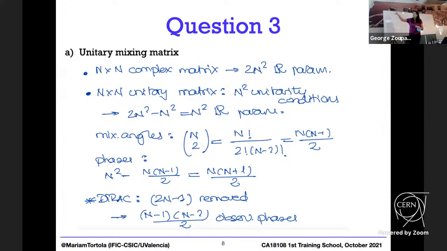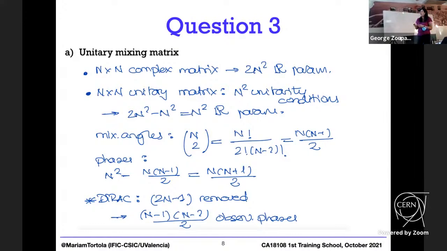So if you do this calculation, you will have n times n minus 1 over 2. This will be the number of mixing angles. Then, of course, the phases will be the remaining ones. So if we have n squared, we remove the mixing angles, and all the rest will be phases.